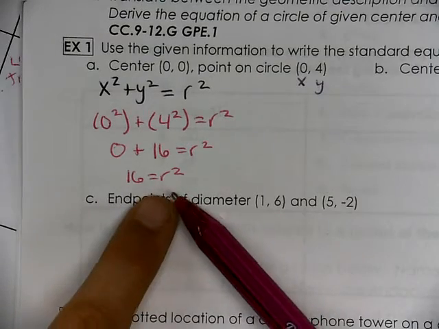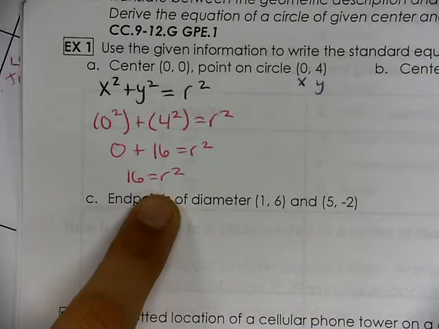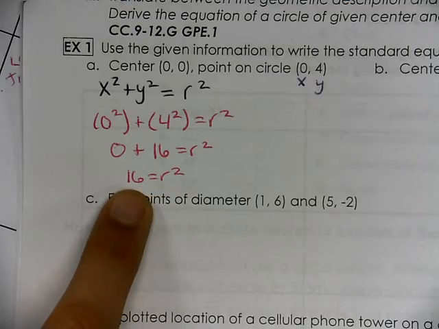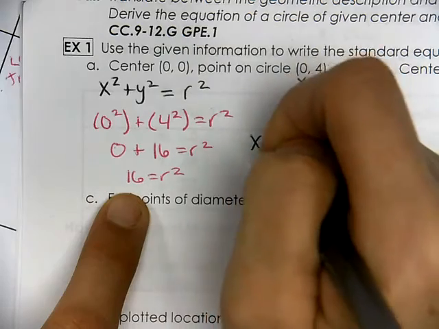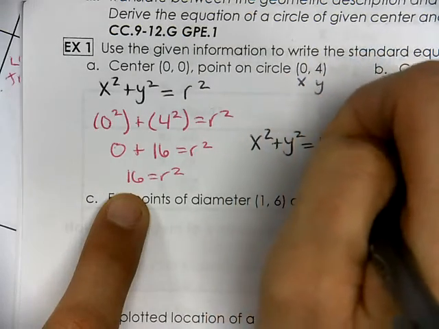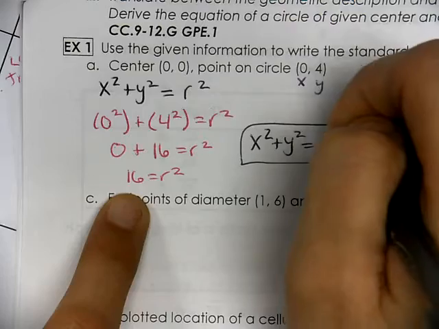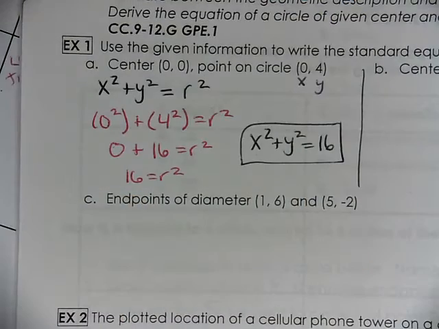But because we're writing the equation of a circle, and the equation of a circle has to have r squared, I already solved for r squared. It's 16. So the equation looks like this: x squared plus y squared equals 16. So all you do is plug in the point that's on the circle.